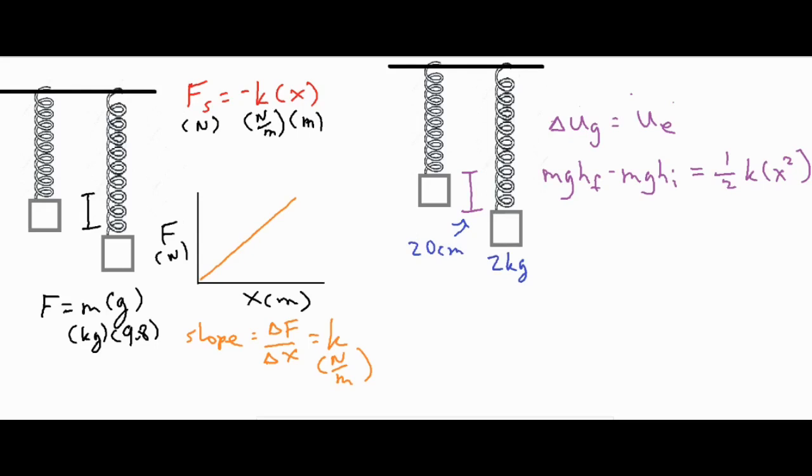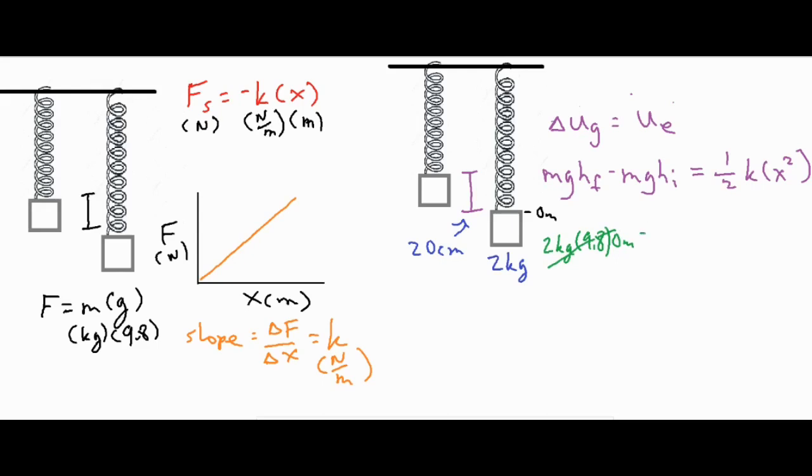When we're finding a change in gravitational potential energy, you can always pick your baseline height. Because this is the lowest point in our problem, we'll give this a baseline height of 0 right over here, which would mean that this height over here is at positive 20 centimeters. If we plug in our values, the mass for the block is 2 kilograms, our g is 9.8, and our h final is just going to be 0, which all cancels out.